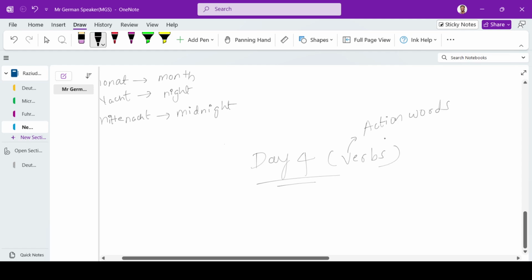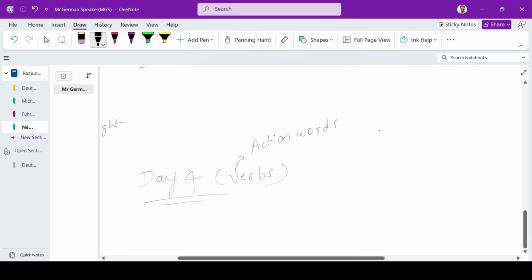In English, for example, if I have to say laughing or laugh, so laugh is an action. It's a verb. Laugh. There is some action here. I'm laughing. So teach, read, write, run. So these are all action words.